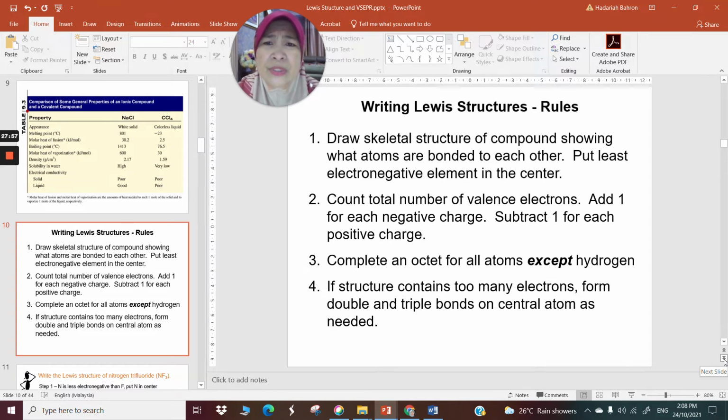The first rule, when you are given 2 elements and you are asked to draw the Lewis structure of the molecule that's going to be formed through the combination of those elements, first of all, you must draw the expected skeletal structure of the compound. Draw the skeleton of that compound first.